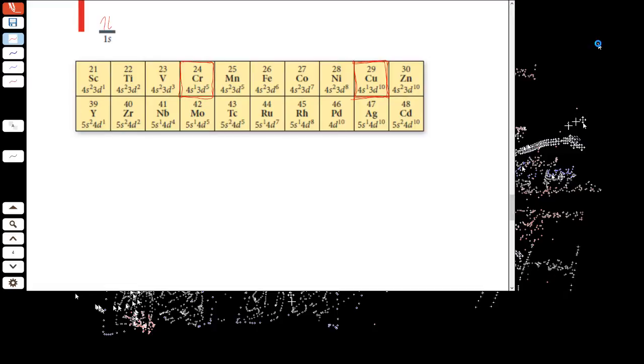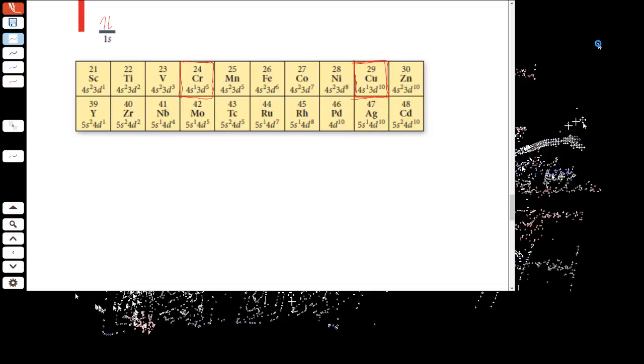So chromium, if you'll notice, is 4s1 3d5 instead of our expected configuration of 4s2 3d4. Any idea why that is? Why might it do that?